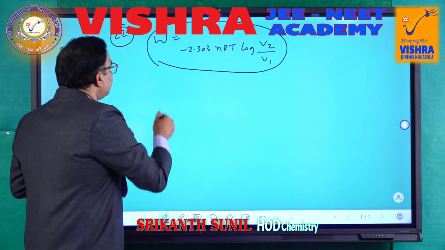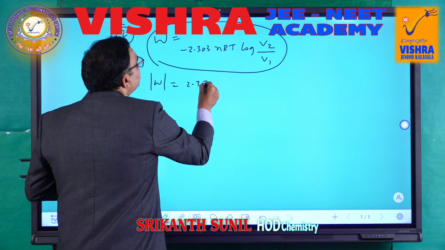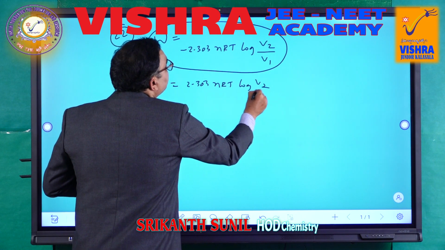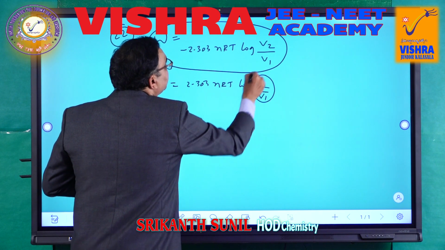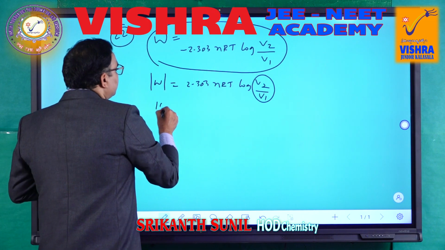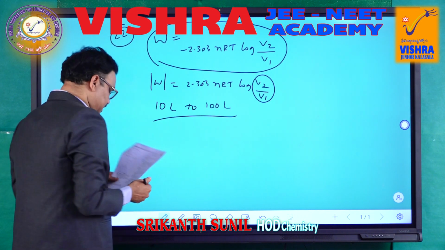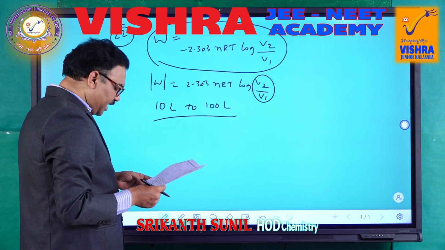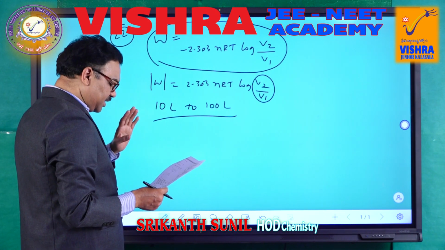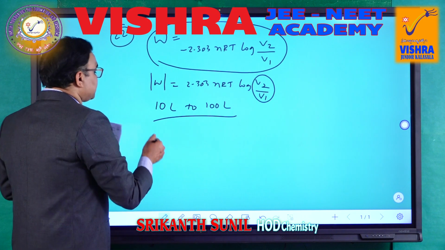But generally we take the work in modulus, so it will be 2.303 nRT log V2 by V1. So in the question, it is 1 mole of an ideal gas, and the expansion is from 10 liters to 100 liters. So we can write the expression like this.